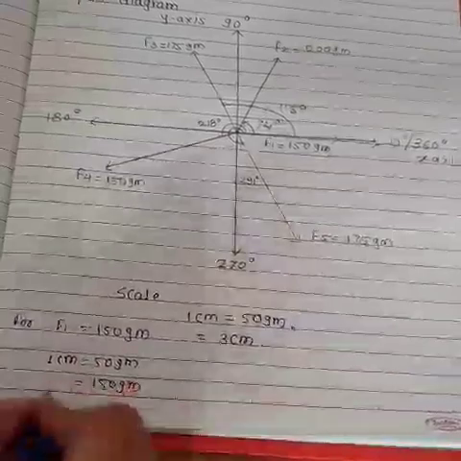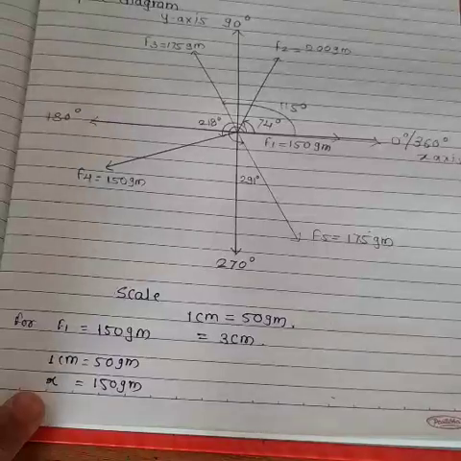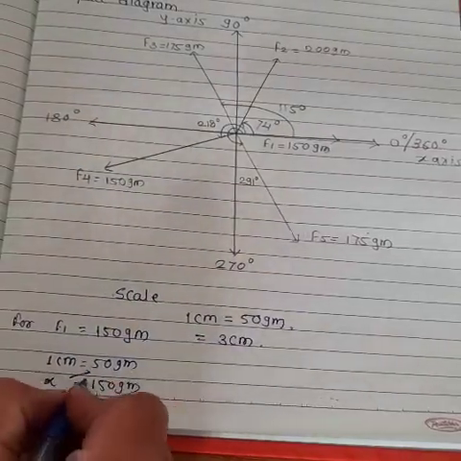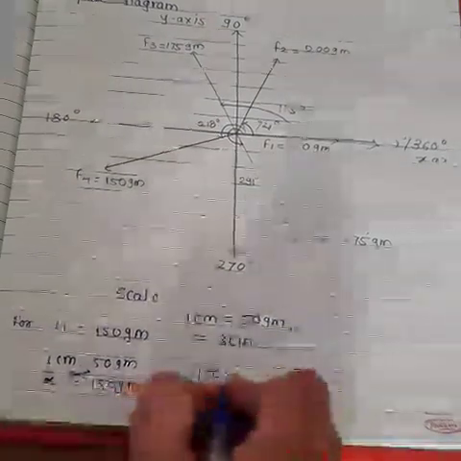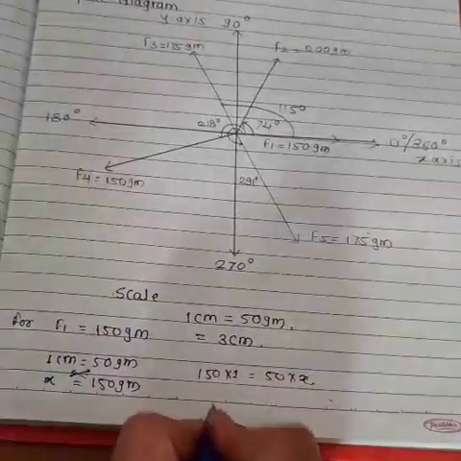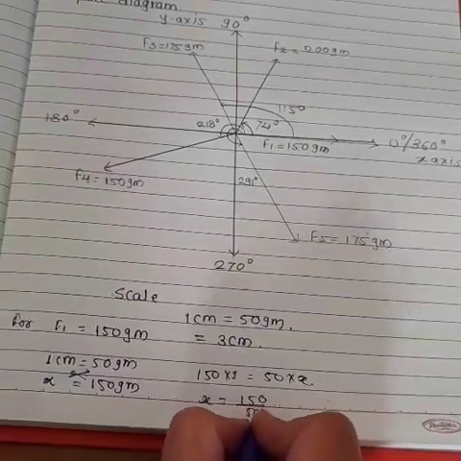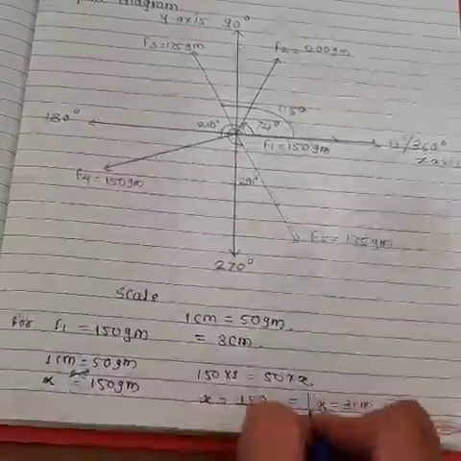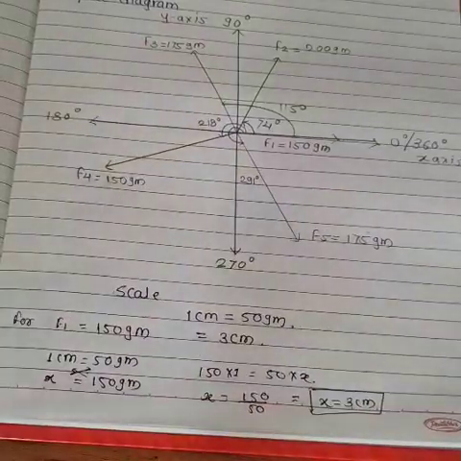We don't know the length for drawing the force diagram. So just do a cross multiplication: 150 into 1 is equal to 50 into x. We calculate x by dividing 150 by 50. We get x is equal to 3 centimeter. So we are going to use this 3 centimeter for drawing.